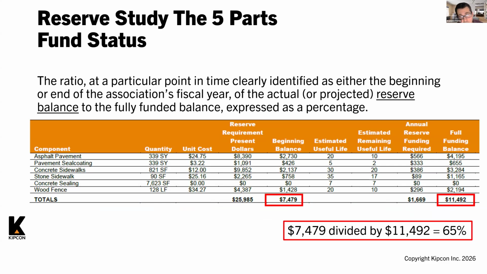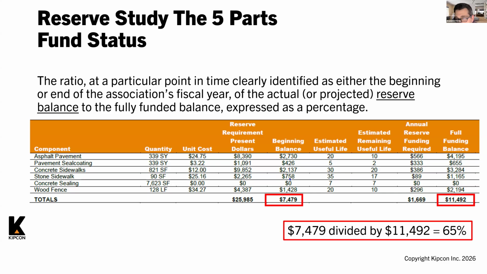Next is what's called fund status. So obviously, there are two aspects of the reserve study. There's the physical aspect of it as far as inspecting the components, but there's also a financial aspect of it as far as, okay, this is how much we need to be setting aside each month or each year to be able to fund these components. So the fund status in particular is the ratio at a particular point in time, clearly identified as either the beginning or end of the association's fiscal year, of the actual projected reserve fund balance to the fully funded balance expressed as a percentage.